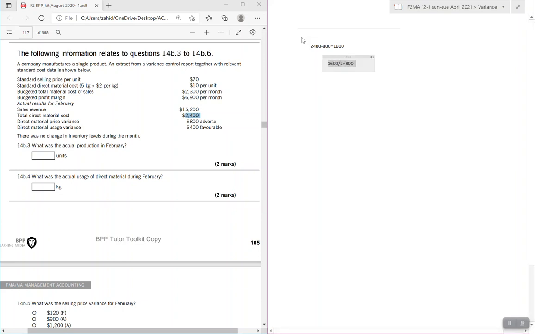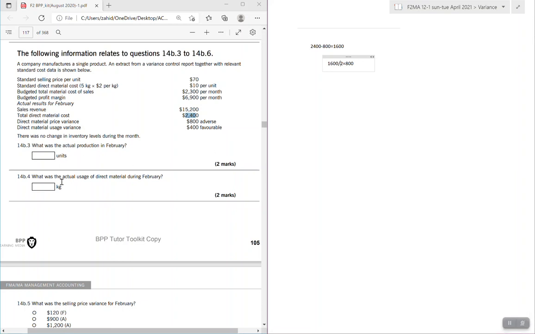Okay, so I've taken the actual price that we paid for material. If we had paid according to the standard price, we should have paid 1600. So this 1600 divided by 2 becomes 800 kg.